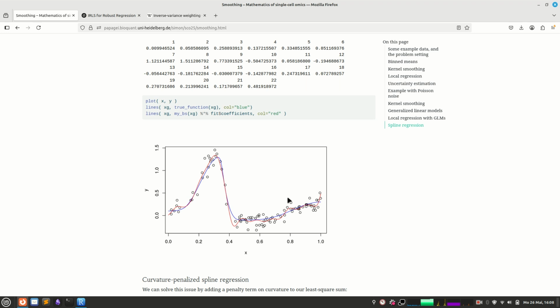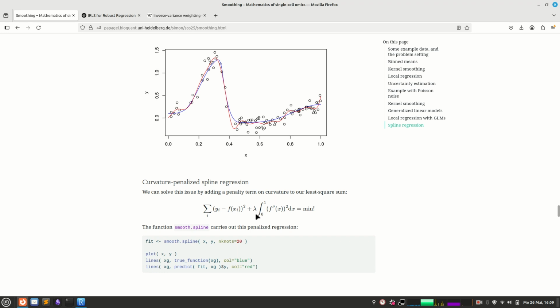One is to use curvature penalization. As you can see here, wiggliness basically means that the second derivative has a rather large value at this point. So we might say we integrate up the second derivative here, squared, along the whole red line, and say this integrated second derivative shouldn't become too large.